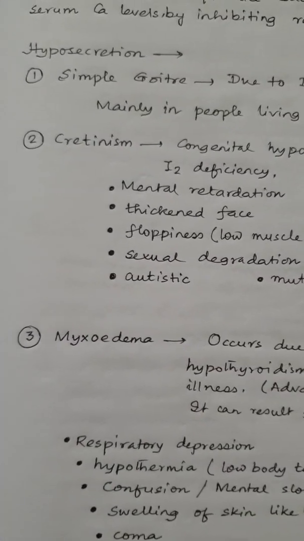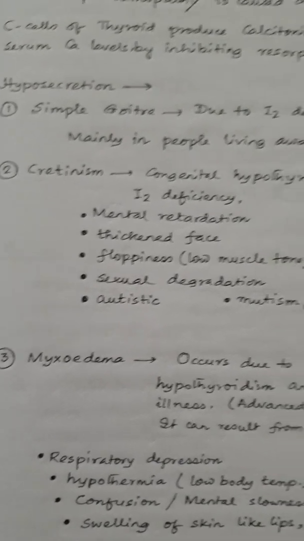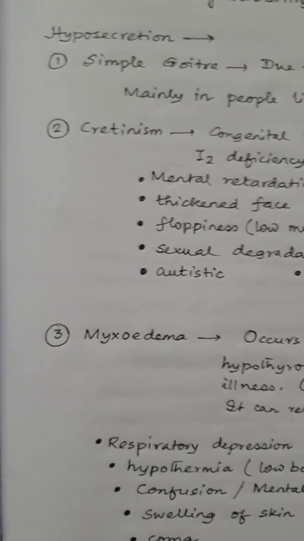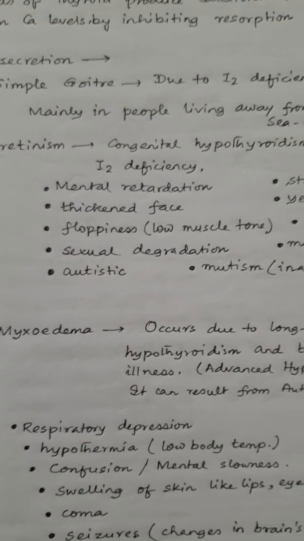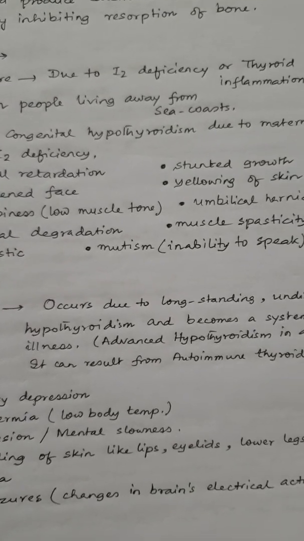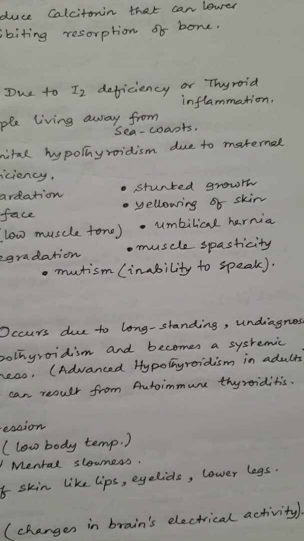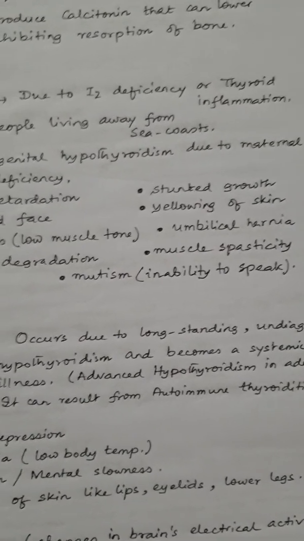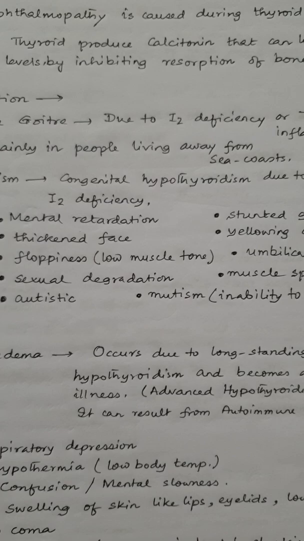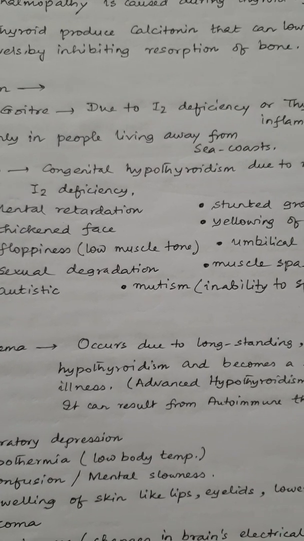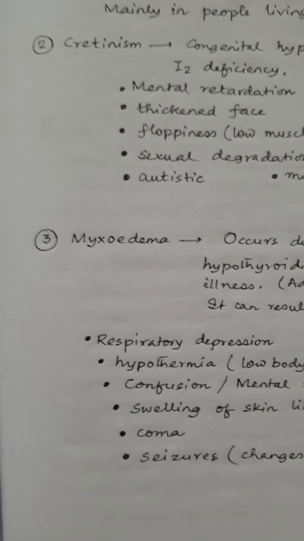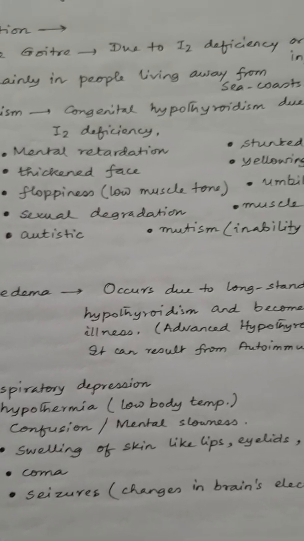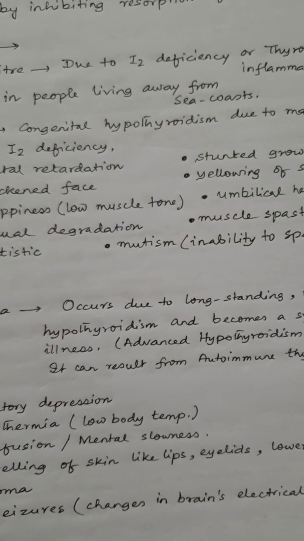The hyposecretion of thyroid causes three diseases. Number one is simple goiter. It is caused due to iodine deficiency or thyroid inflammation, mainly in the people living away from sea coasts. The second disease is called cretinism or congenital hypothyroidism.